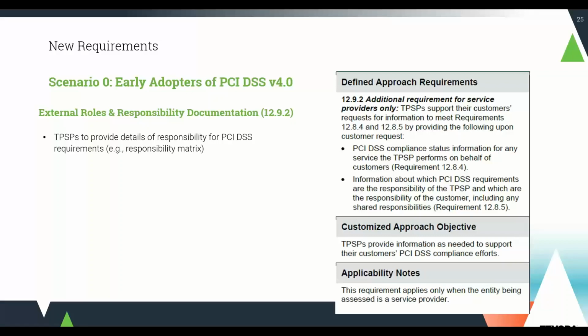Generally, the best practice we've seen here is what many cloud hosting providers provide, that responsibility matrix that goes through the requirement language and identifies what that demarcation is, which one is a shared responsibility versus which is up to the service provider or merchant.